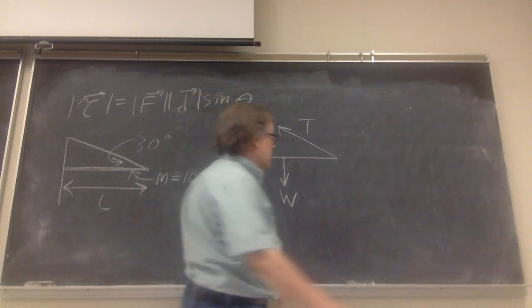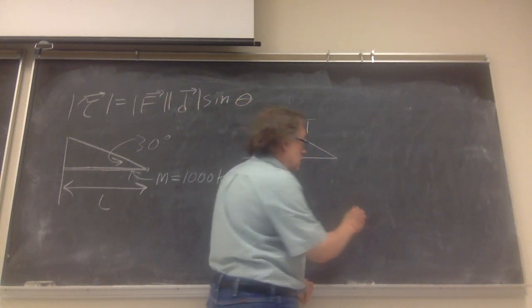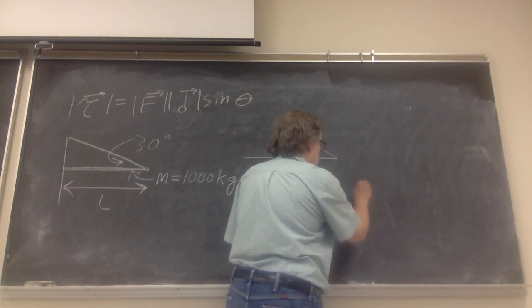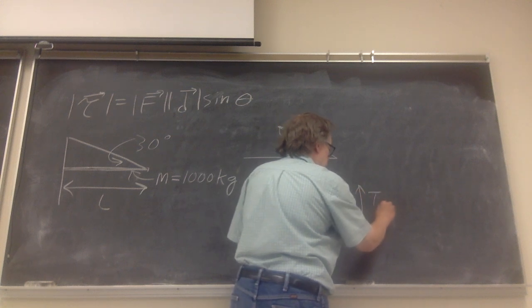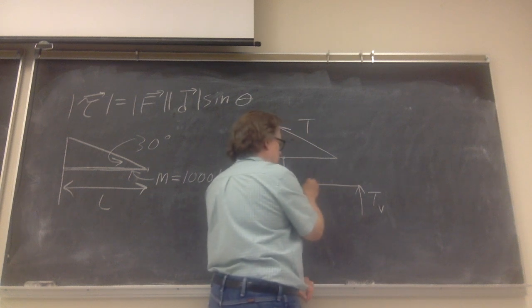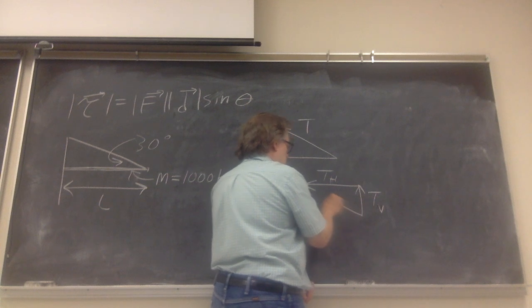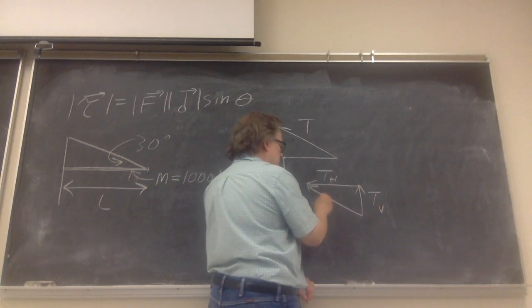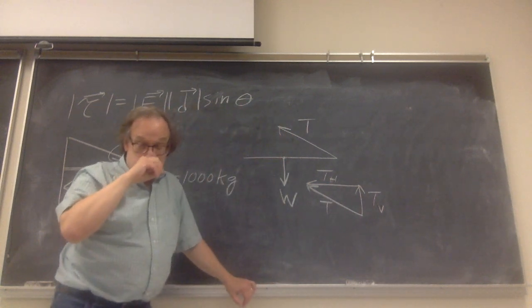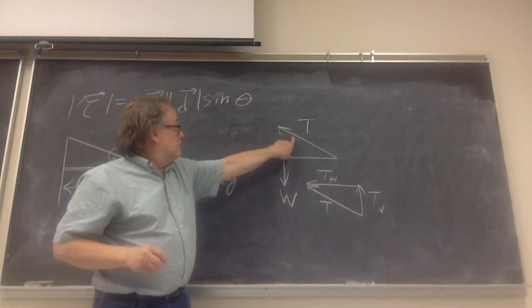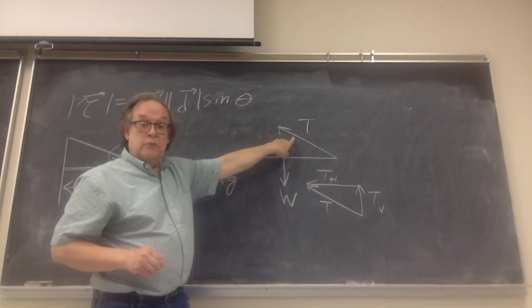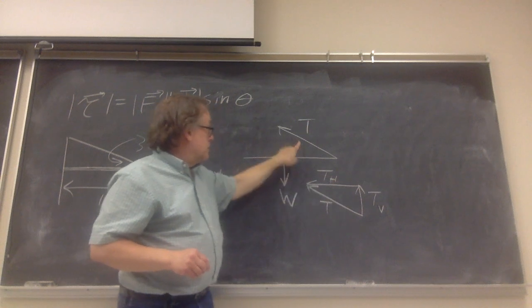This tension is really a sum of some vertical pull, call it the vertical component of tension, plus some horizontal pull, and the sum of those two components gives us the actual tension. So this really involves a leftward pull. You can think of this as the sum of an upward pull plus a leftward pull.